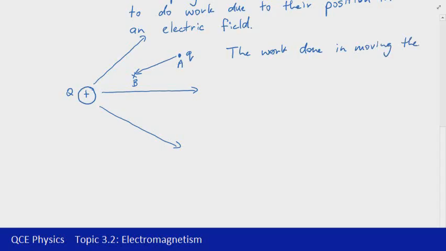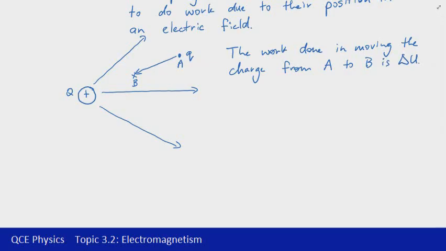And the reason why we're doing work here is that we're applying a force in order to get the charge to move through a distance. And the symbol that we're going to use there is delta U. So U being energy and delta indicating that it's a change in energy.